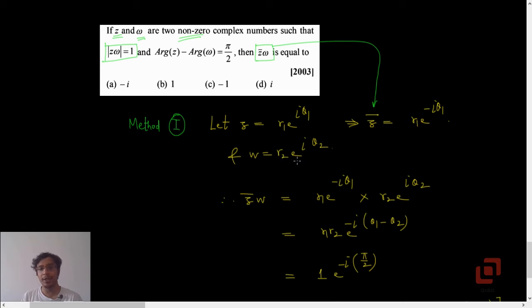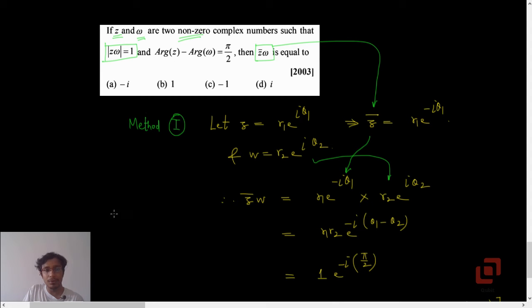And let W be R2 into e to the power I theta 2. Now Z bar into W's product will be product of R1 e to the power I theta 1, which is Z bar, and R2 e to the power I theta 2, which is W. Now it is R1 into R2 into e to the power, now I have taken minus I common, so we will get theta 1 minus theta 2.